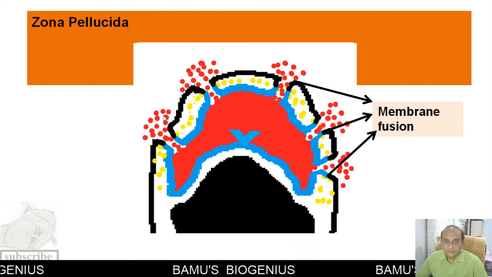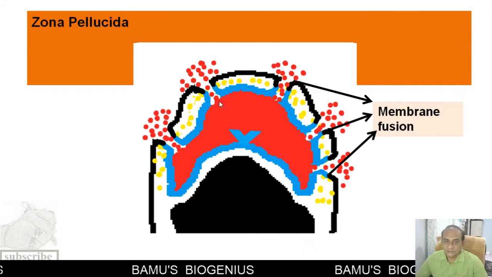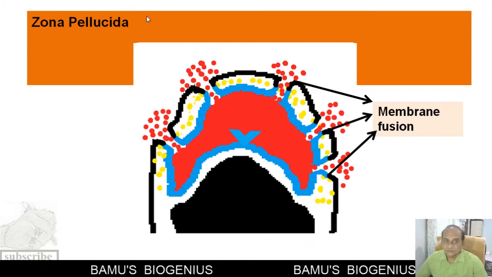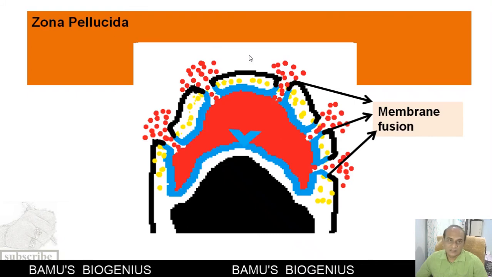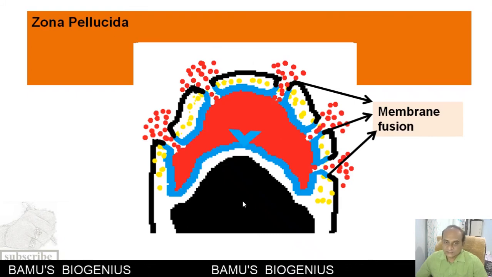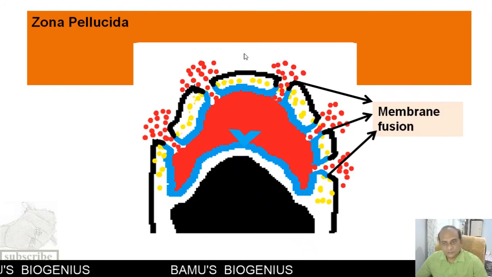And when it comes out of the acrosomal vesicle, these hydrolytic enzymes digest the zona pellucida, and because of that, a kind of tunnel is created in the zona pellucida so that the sperm can penetrate inside it.